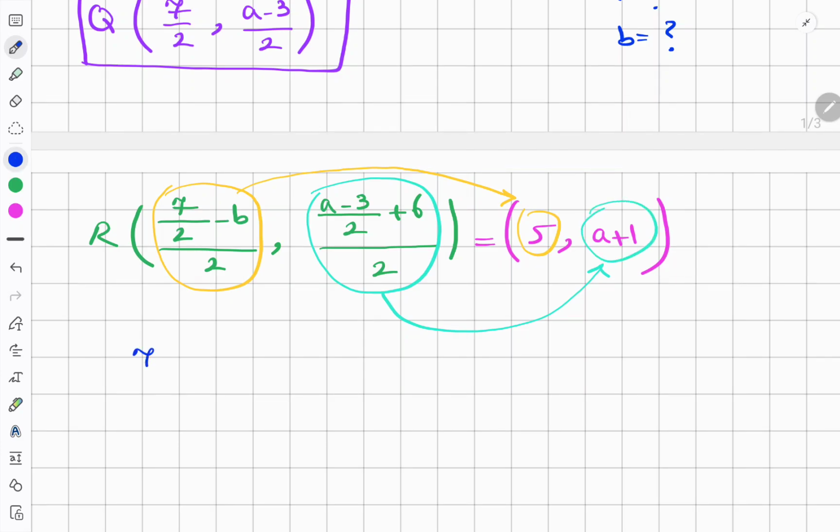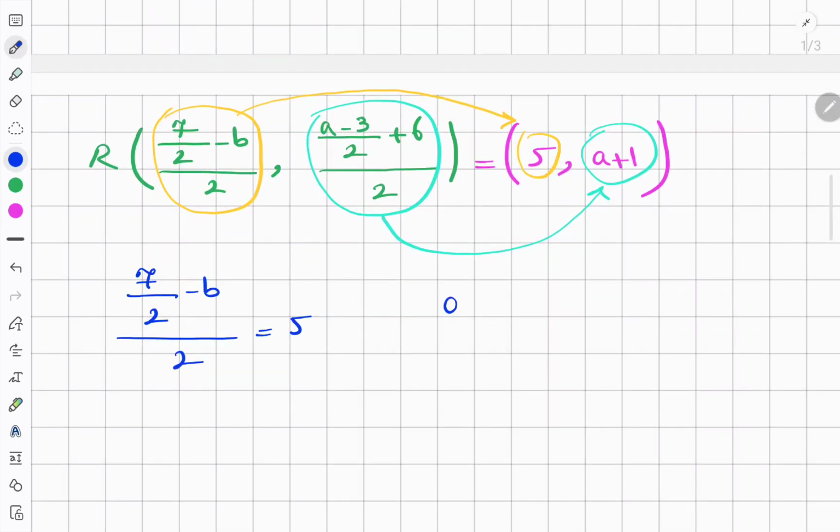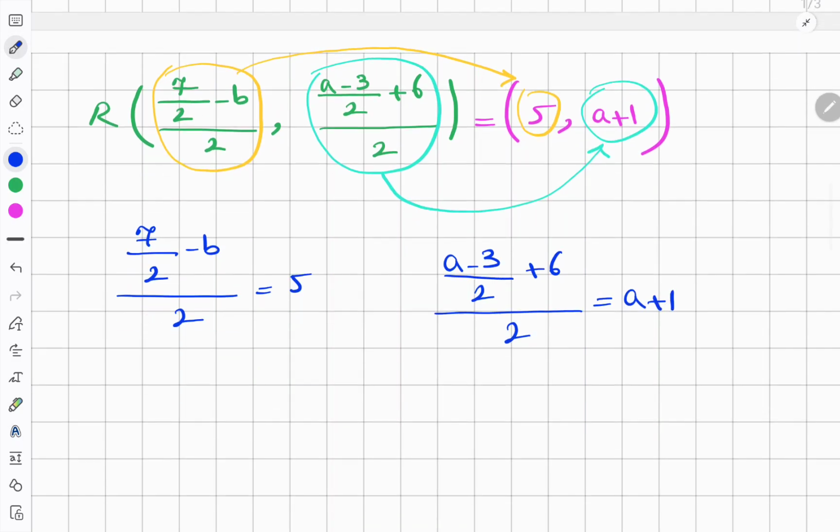So this equals 5, and then (a - 3)/2 plus 6 over 2 equals a plus 1.